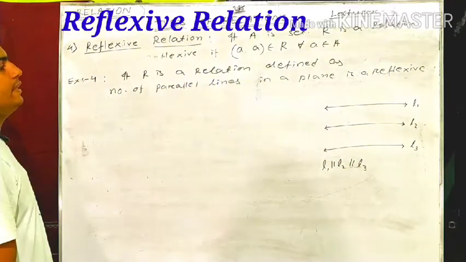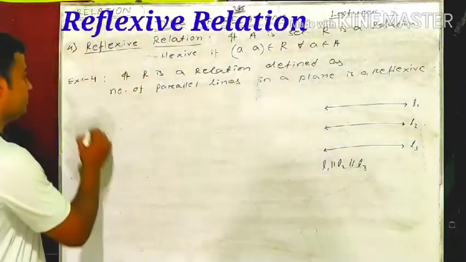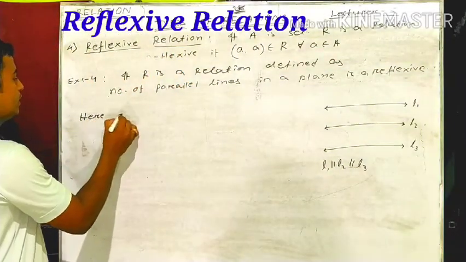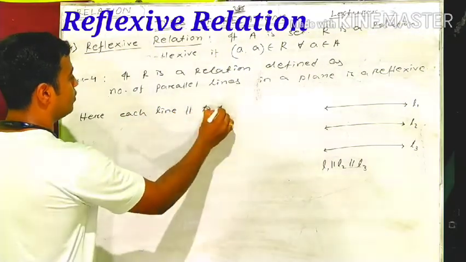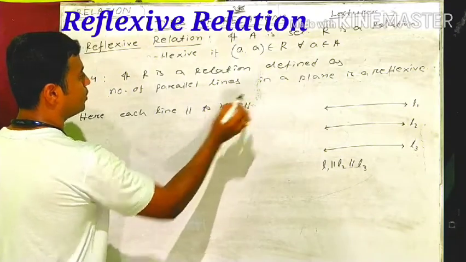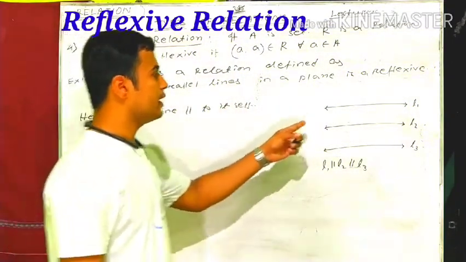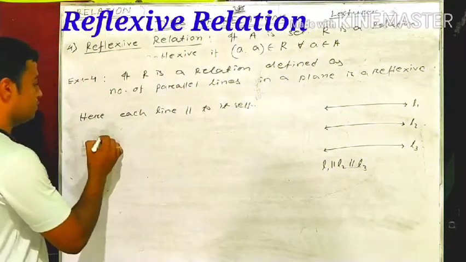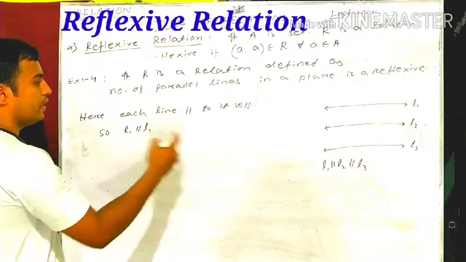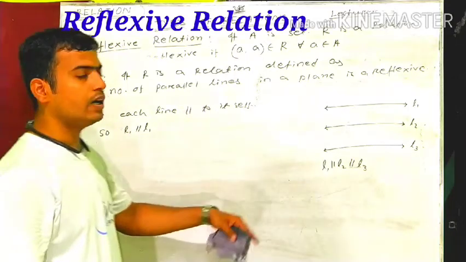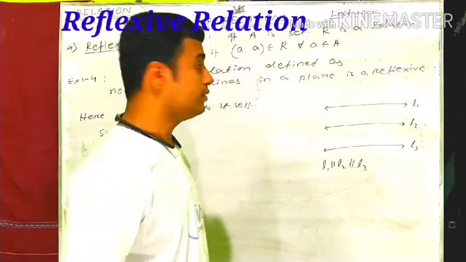We know each line is parallel to itself, so the relation is reflexive. L1 is parallel to L1, L2 to L2, and L3 to L3. So this relation is called a reflexive relation.